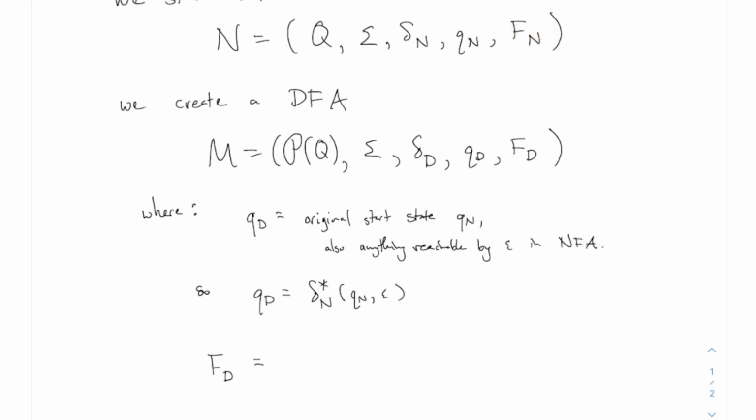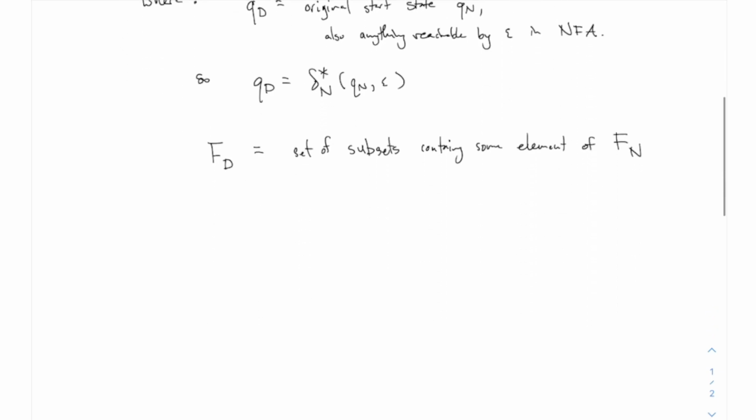Those are the ones which are accepted on the NFA. So I'll write it in words first and then we can write something a little fancier. The set of subsets containing some element of Fn. Remember, Fn is the set of things which are accepted on the NFA.